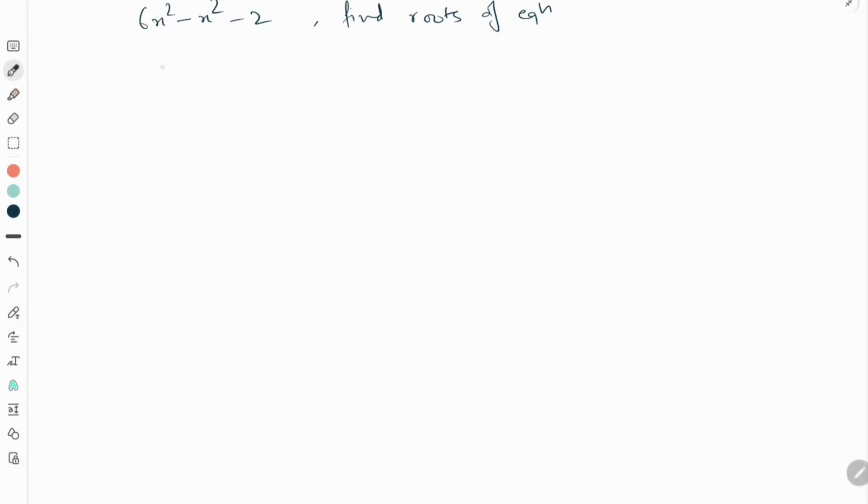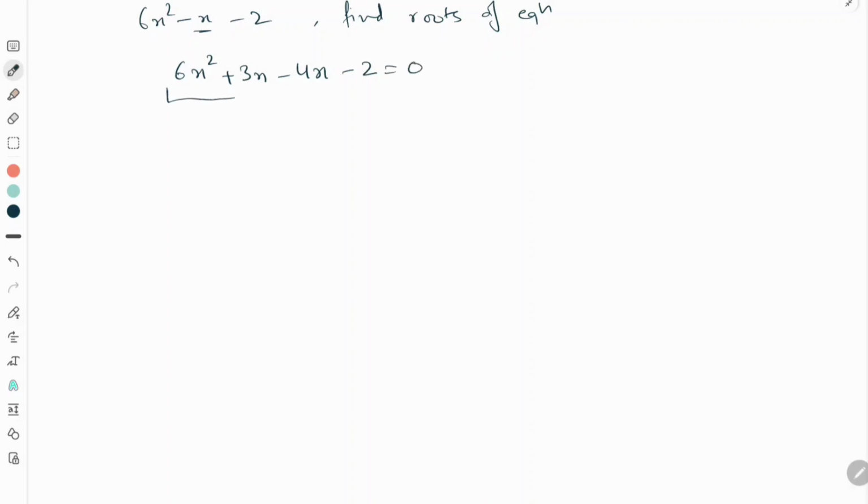So what we will do, we will split this x and write it as +3x − 4x − 2 = 0.